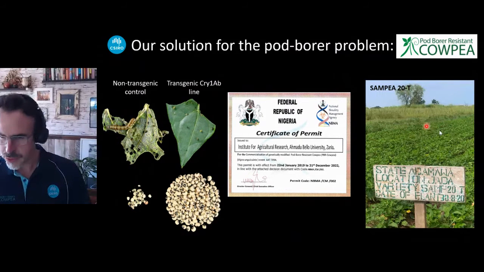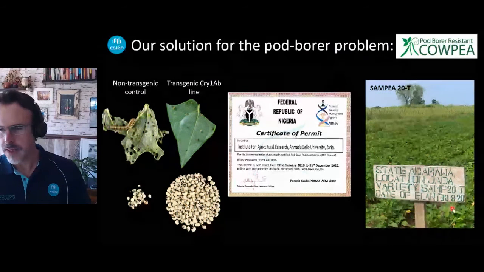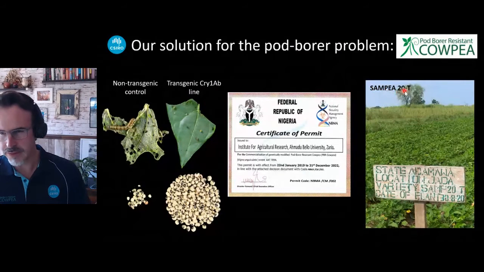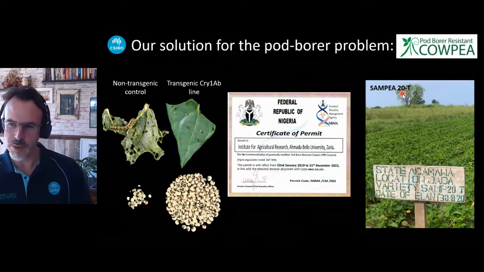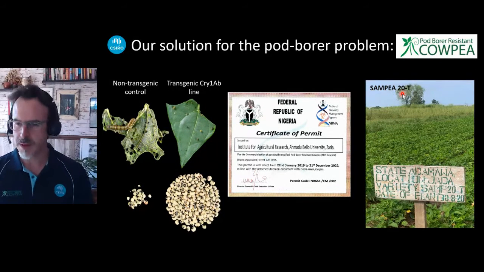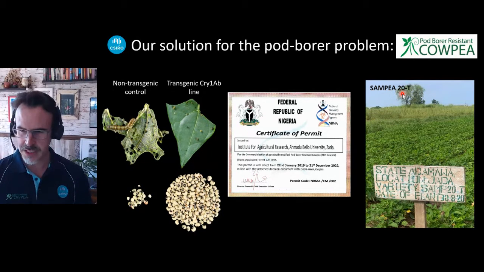In this photo, I'm showing you a bulking farm in this place called Adamawa in Nigeria. The photo was taken in August 2020. It's just an exercise to bulk up this new variety Sampea 20T that carries our gene, and it will be available for farmers from this year.